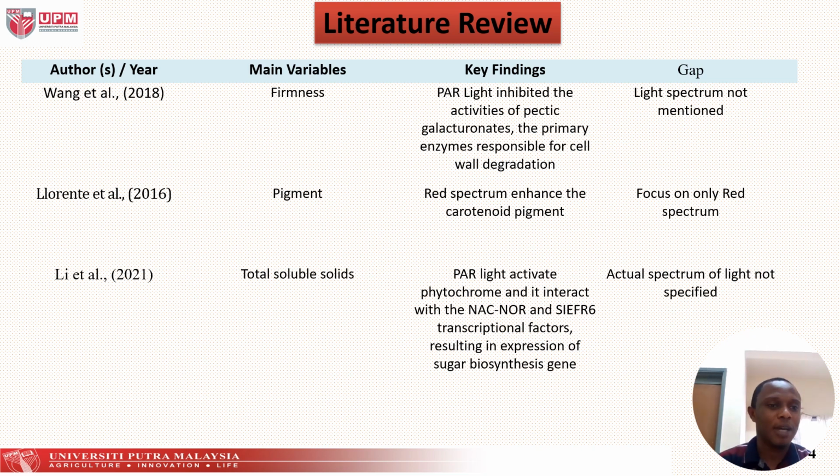Lorente 2016 identified the red spectrum as a stimulator of carotenoid pigment. Lee et al. 2021 submitted that photosynthetic active radiation can stimulate the transcriptional factor for sugar biosynthesis, leading to the expression of its gene and an increase in sugar production.